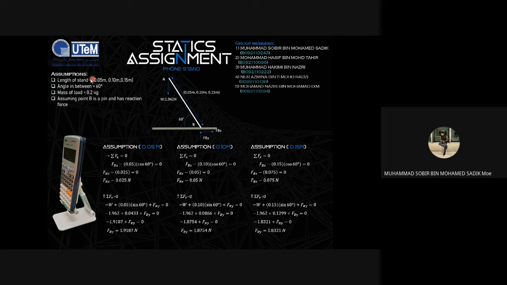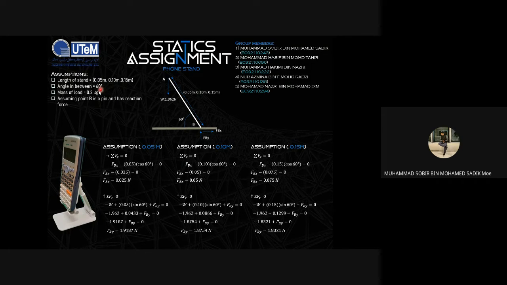First of all, these are the manipulating values that we assume. We are using the length of stand as 0.05 meter, 0.10 meter and 0.15 meter. Next, we also assume the angle between the base and the stand is fixed, which is 60 degrees.